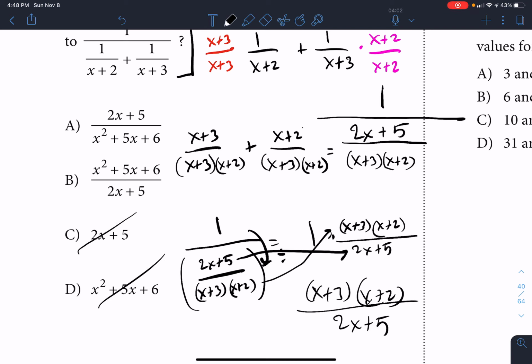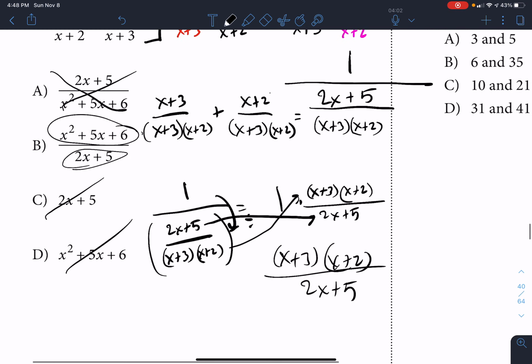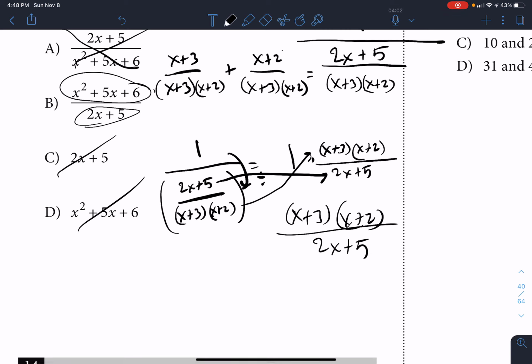Nope. It's 2x plus 5. It looks like they multiplied together. We can check this. 2x plus 5. This is the wrong way. Okay, and just for the sake of our answers, let's combine these together. If you do FOIL, our first term, x squared.